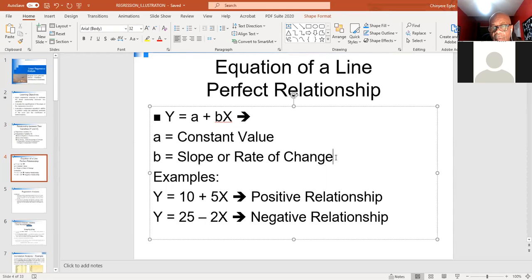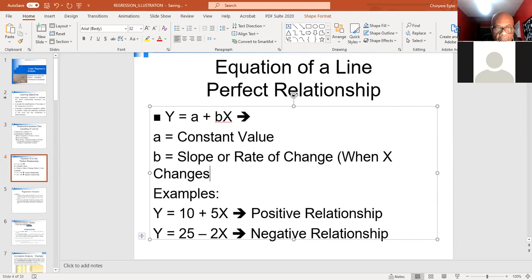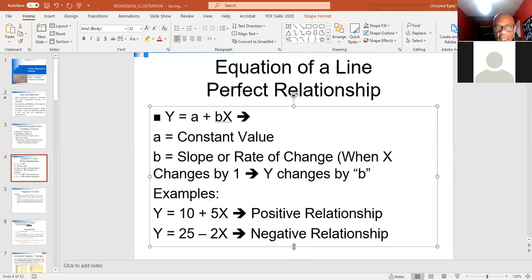So I'm going to write it down here: when x changes by 1, then y changes by b, which is the slope. And that represents a rate of change.